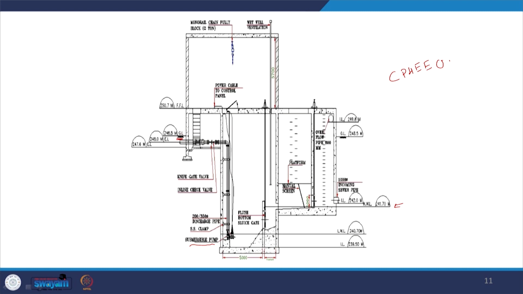This is the chain pulley, that is one aspect to keep in mind. Then the overflow pipe, and a fine manual screen. Here is the incoming sewer pipe, and I have the manual screen out here. Then this pump is going to lift it up to the relevant level out here, right. Here is the inlet and here seems to be the outlet, let us say. So, that is something for you to keep in mind.